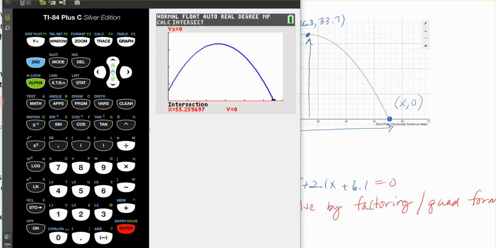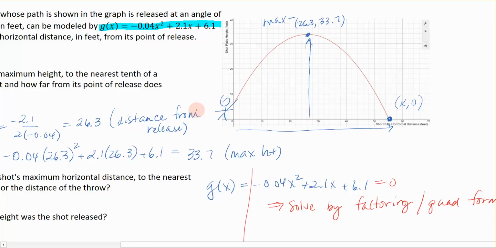And so when I find out what the intersection is, you can see that my cursor is over here blinking, and that's where x is equal to 55.3. So this point over here is 55.3, or in other words, the maximum horizontal distance is going to be 55.3 feet.